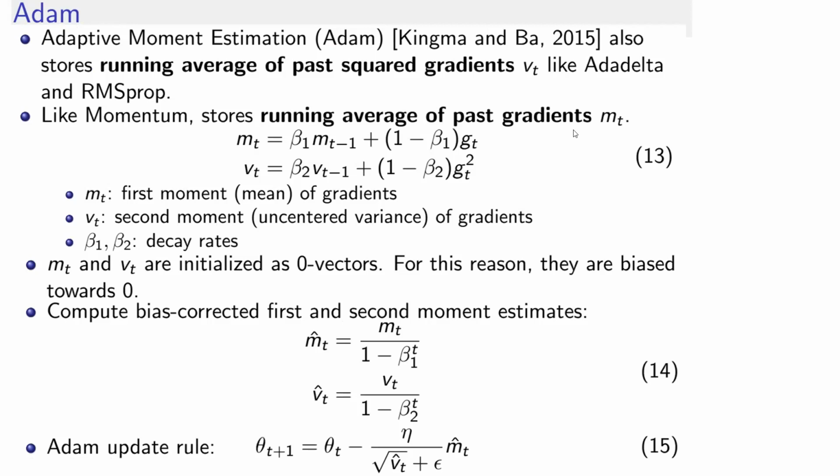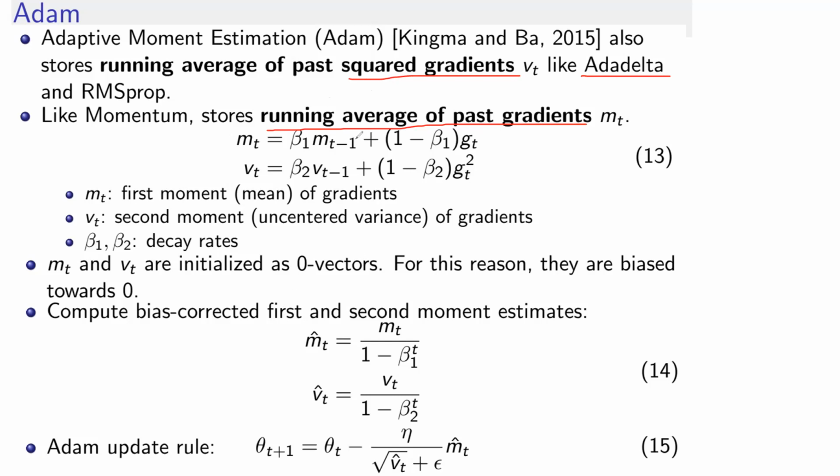It stores a running average of past squared gradients, as Adadelta did, and also stores a running average of past gradients. Not only squared gradients like Adadelta, but also momentum. And our update will be based on both of them.